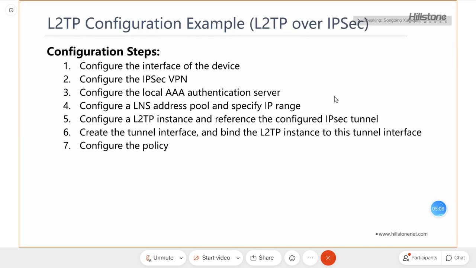You need to create the L2TP dedicated instance and reference the configured IPsec tunnel in this L2TP instance. Then you need to create the tunnel interface and bind this L2TP instance to the tunnel interface. And then you need to add the policy to allow the traffic from the remote users to the L2TP server.